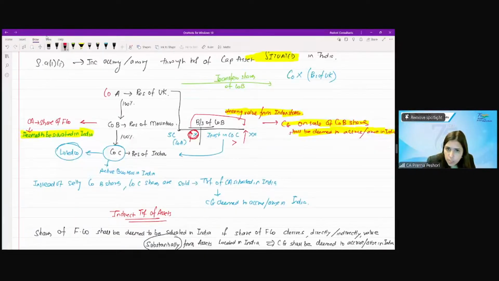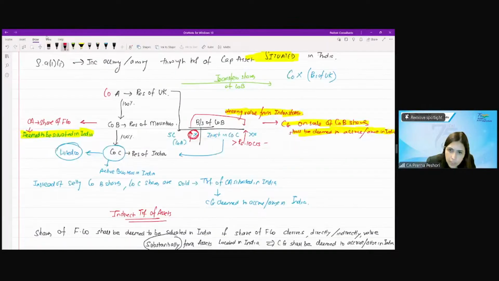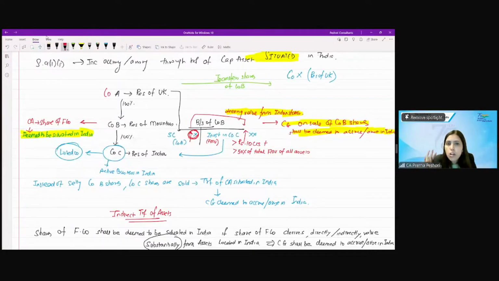So the value of this investment should be more than rupees 10 crores, and plus should be greater than 50% of the total FMV of all assets. So here we have to consider the fair market value. So fair market value should be more than 10 crores and it should be at least 50% of all the assets of this particular company.